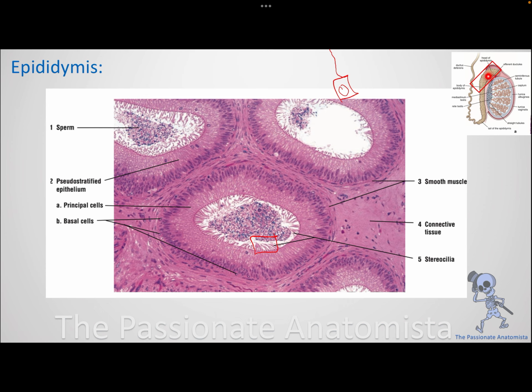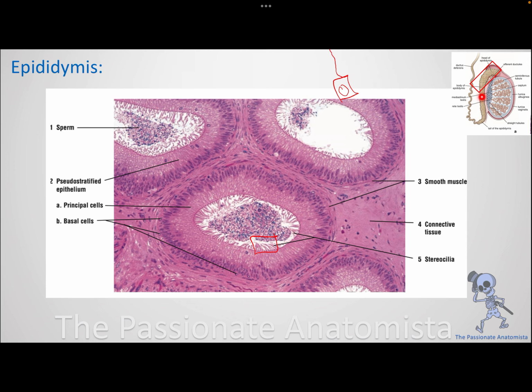But at the epididymis, the sperms are going to learn how to swim, they're going to mature enough. At that point, we don't need all of that fluid as we get out of the epididymis through the vas deferens to the next destination.